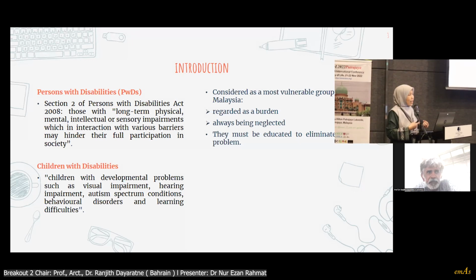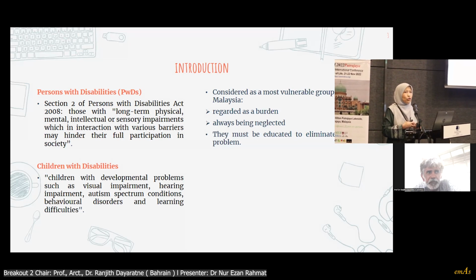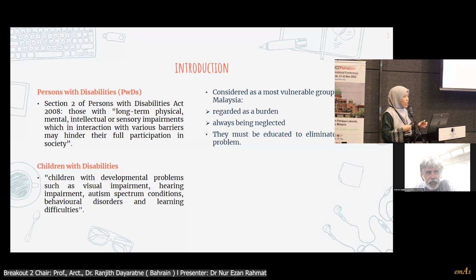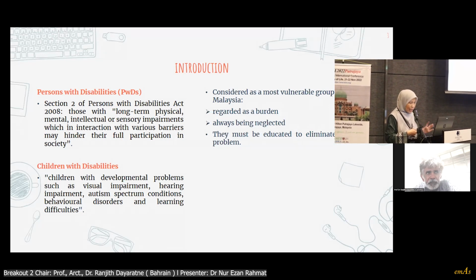There are also international conventions which we refer to, but we want to propose that all these scattered laws be one standard law, what we call special education for Malaysians. So we are focusing on children here.